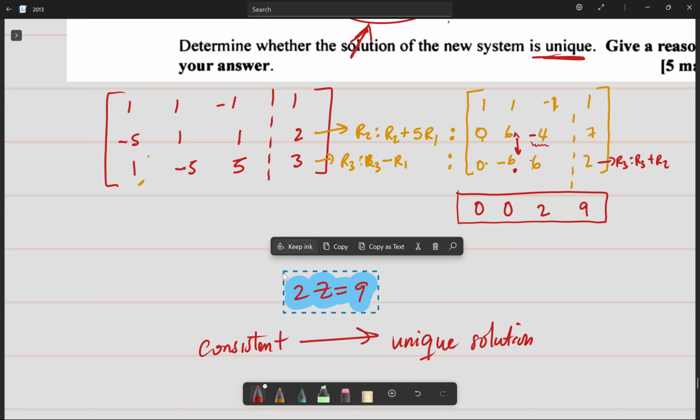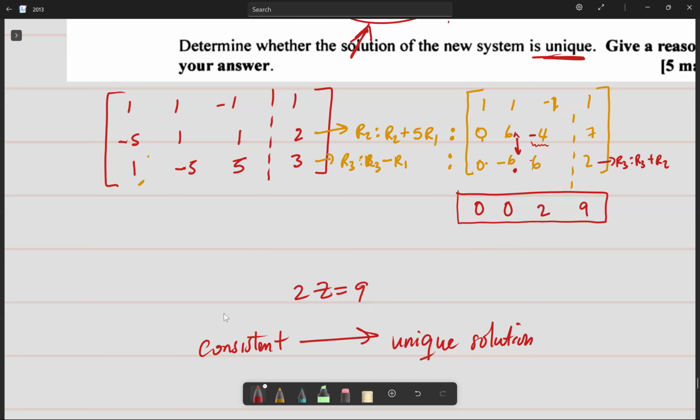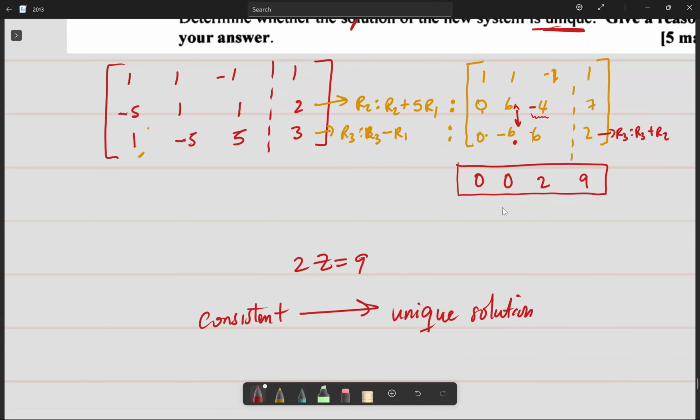No issue. So you're saying that once it's consistent, it has a unique solution. Not necessarily, because it could also be the case that you get something like 0, 0, 0, 0, which is consistent, but this is a trivial solution. You realize that this makes sense, like adding zeros together, 0x plus 0y plus 0z equals 0.